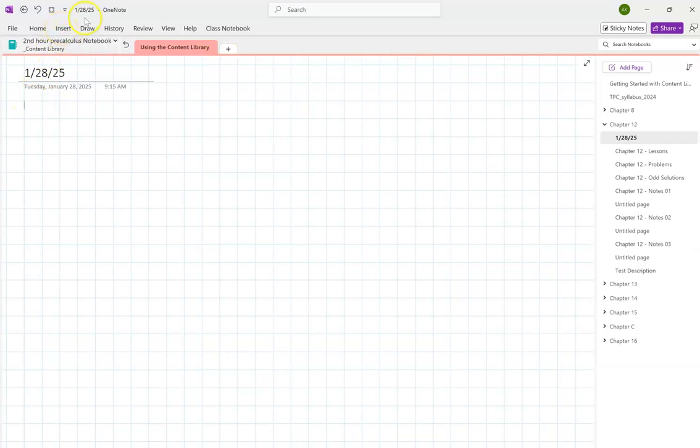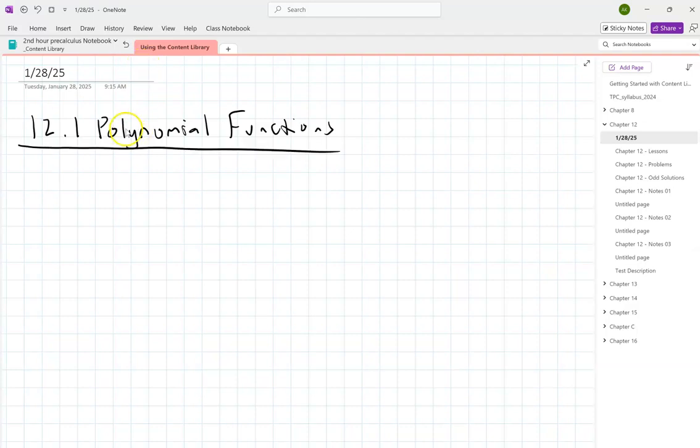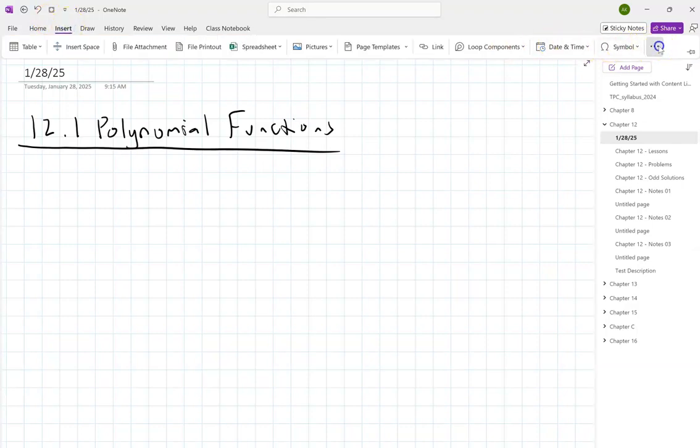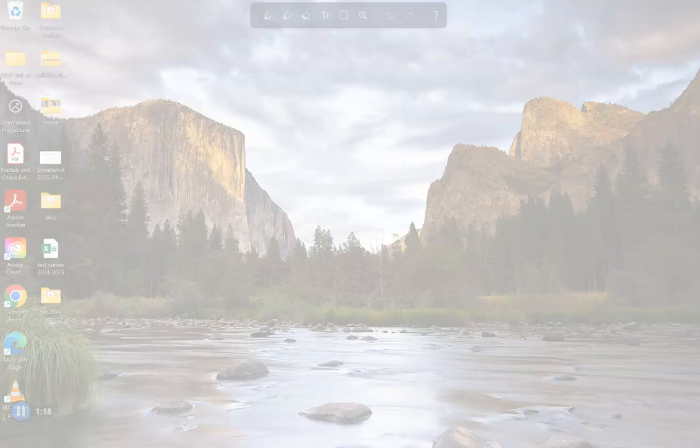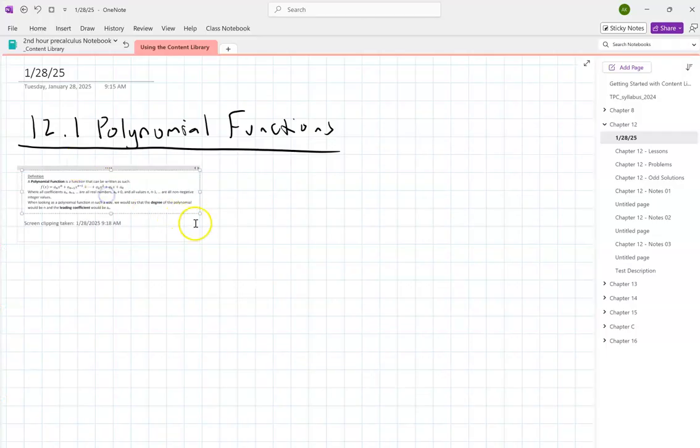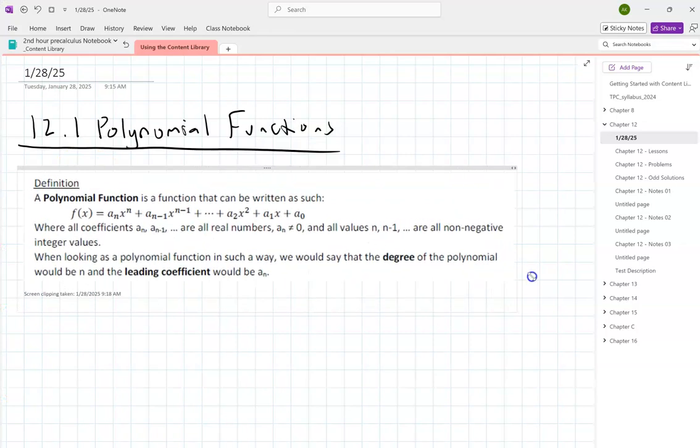So we're going to start just by talking about polynomial functions. When we say something is a polynomial, it means that we can write it in a specific form.